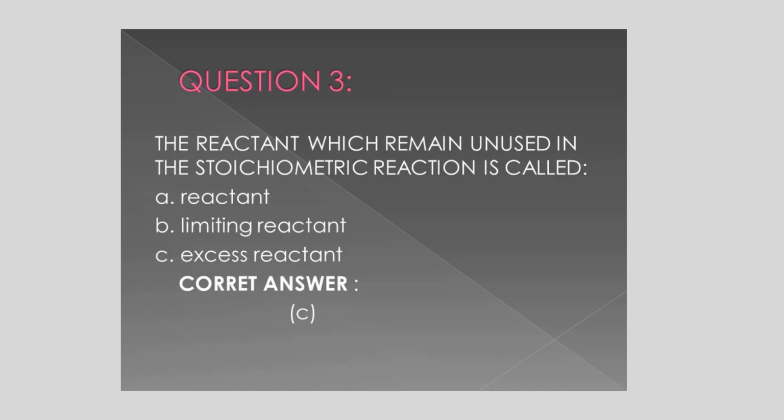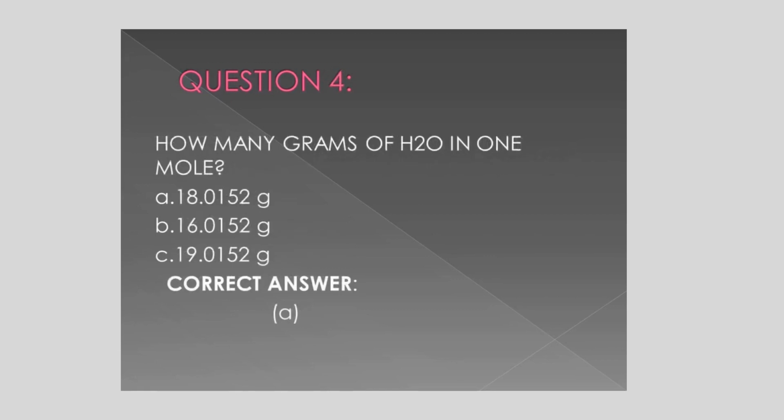Here is question number 4. How many grams of water in 1 mole? You can find it. Three options are given: 18.0152 grams, 16.0152 grams, and the third one is 19.0152 grams. The correct answer is A.